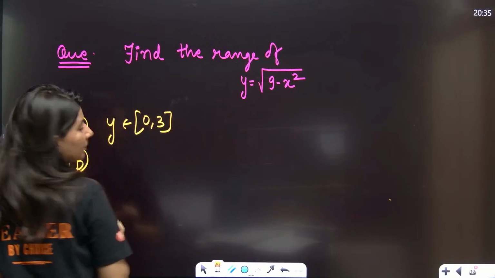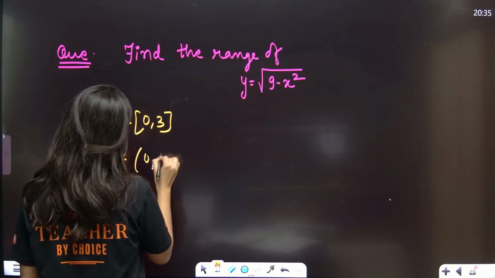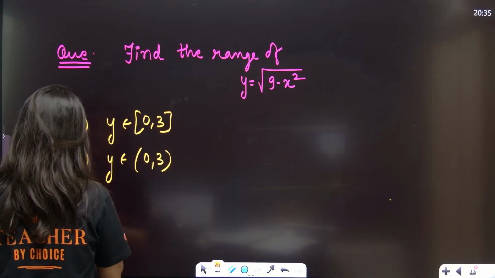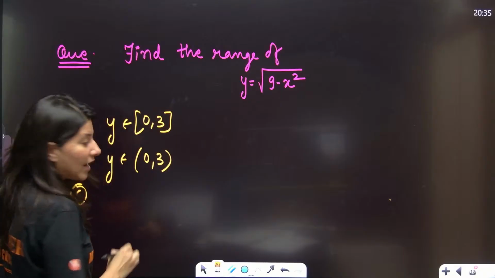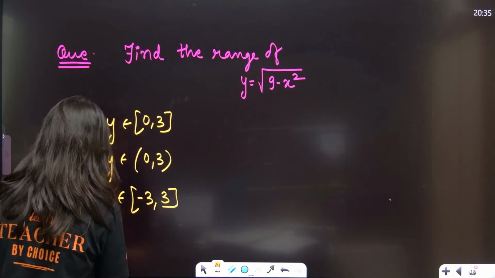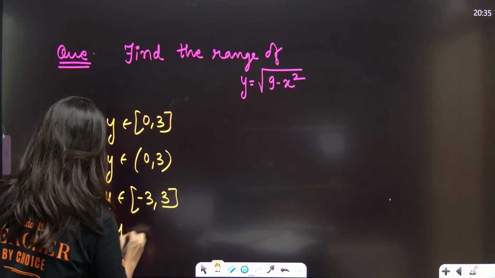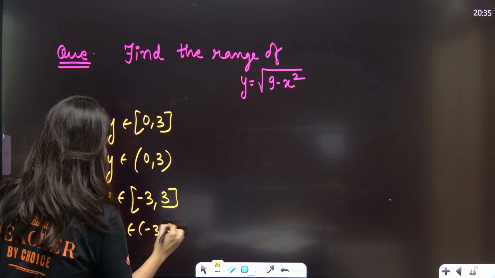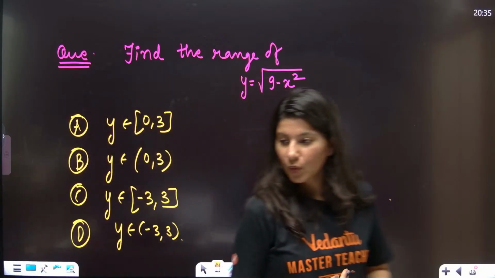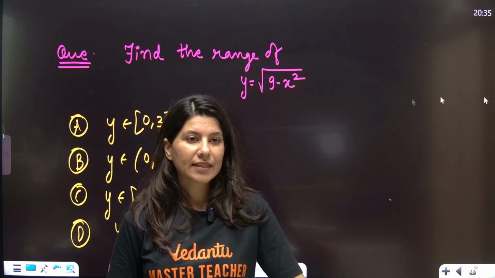Option B, y belongs to 0 to 3. Option C, y belongs to minus 3 to plus 3. And option D, y belongs to minus 3 to plus 3. Tell me quickly in the chat box, what is the correct answer for this?